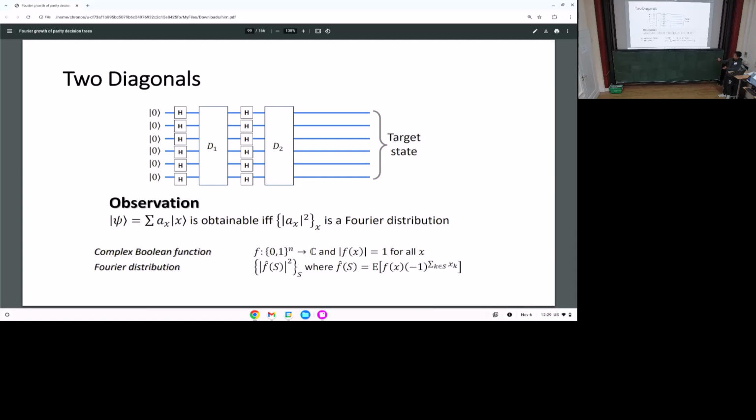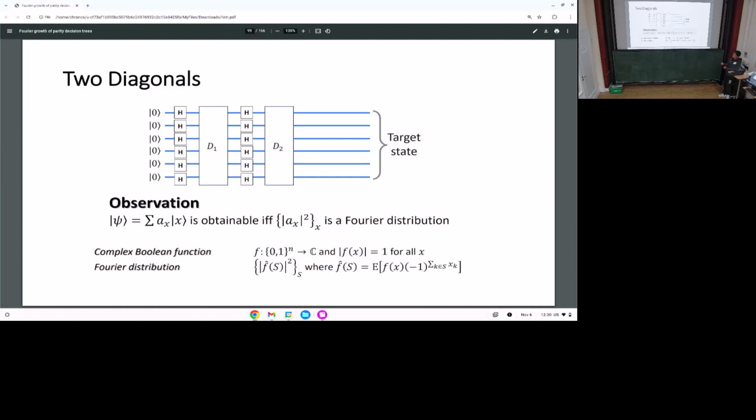It's a map from the hypercube to unit complex numbers. And what's the Fourier distribution? Well, you have a Boolean function, so you can talk about the Fourier transform. You have Fourier coefficients, you square them, and this is the Fourier distribution. So we know not every distribution is a Fourier distribution, so certainly this is not complete. You can't generate all the states with 2 diagonals.